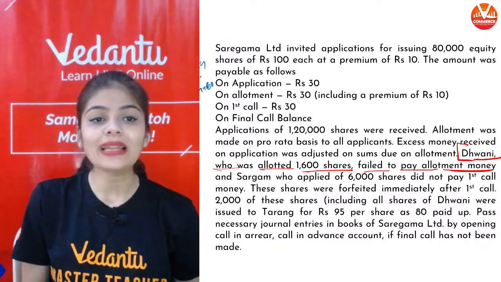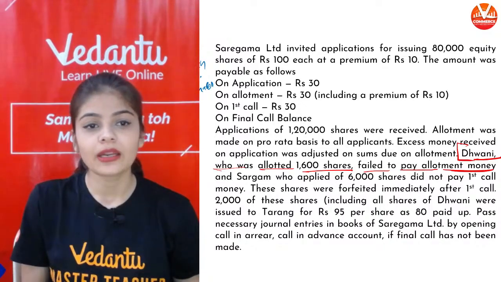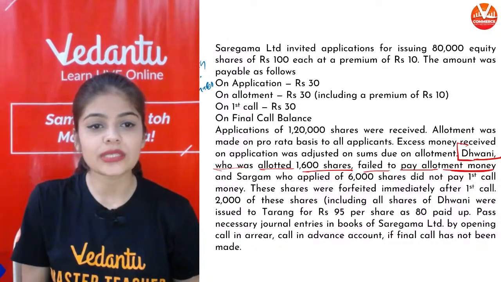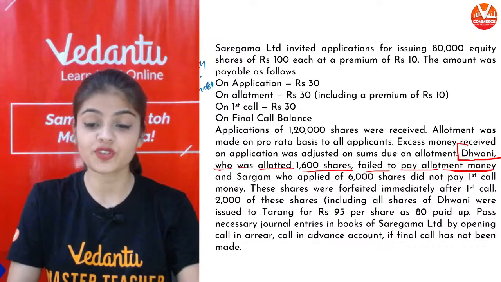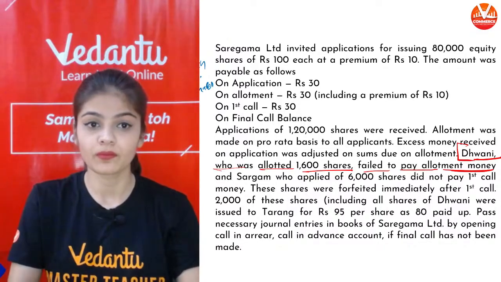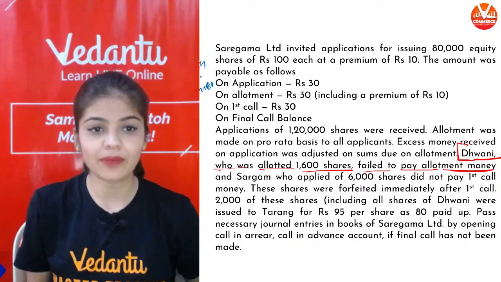So 1,20,000 divided by 80,000 multiplied by 100 is 150... sorry, why am I multiplying with 100?